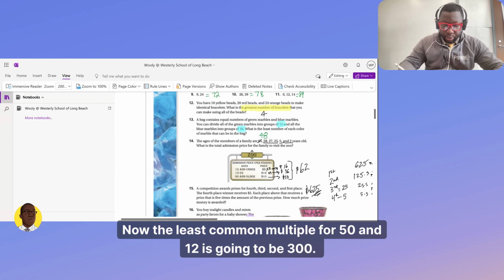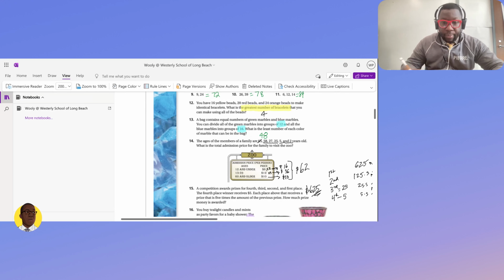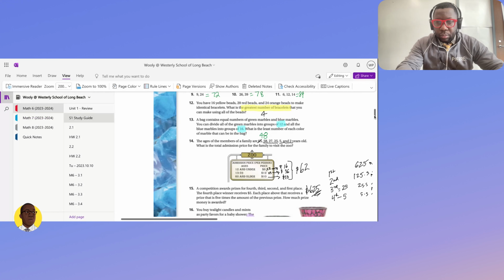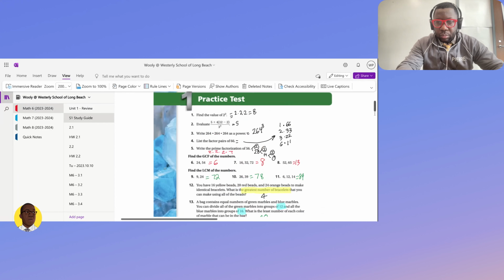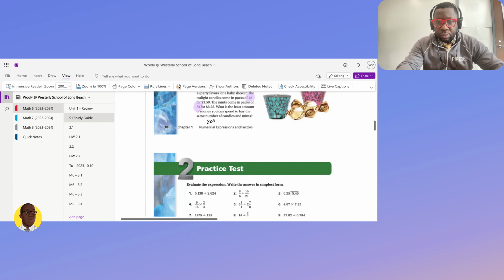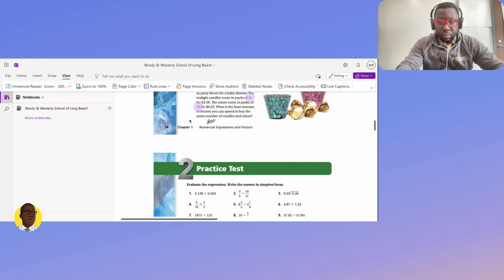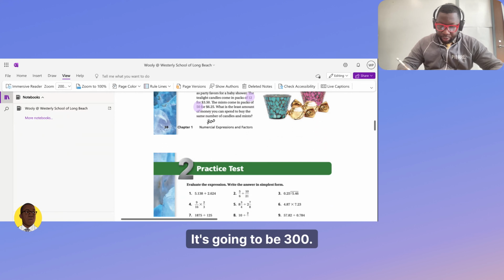Now, the least common multiple for 50 and 12 is going to be 300. And so what does that mean?